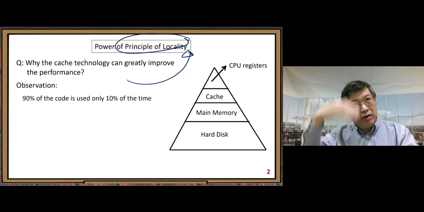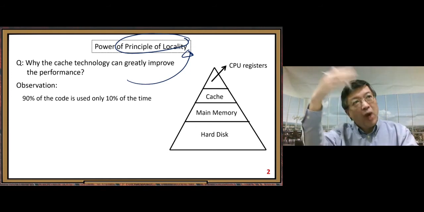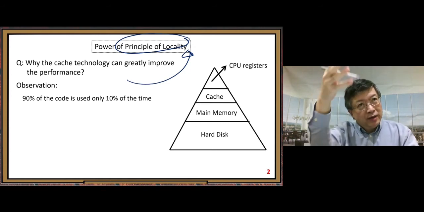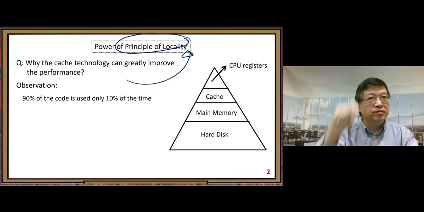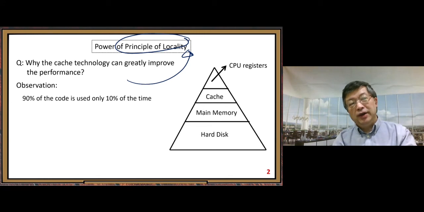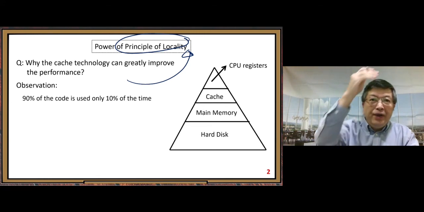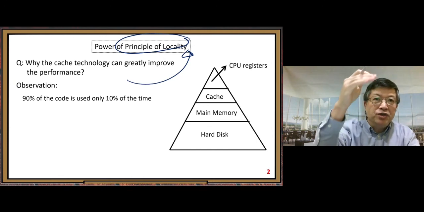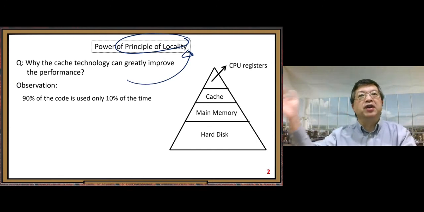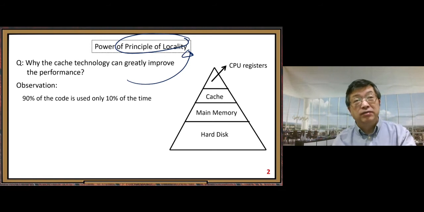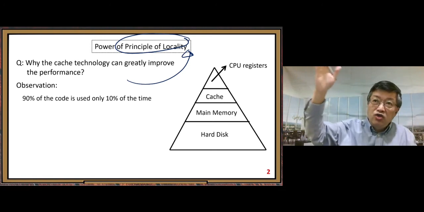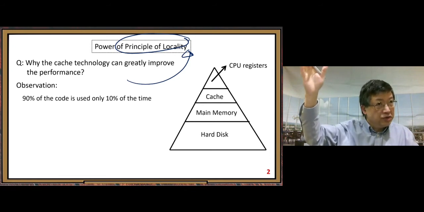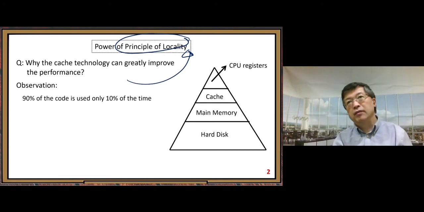In our typical programming, CPU processing, running programs inside the CPU, it is very common to have this property: 90% of the code is used only 10% of the time. Look at all the instructions used in one program.